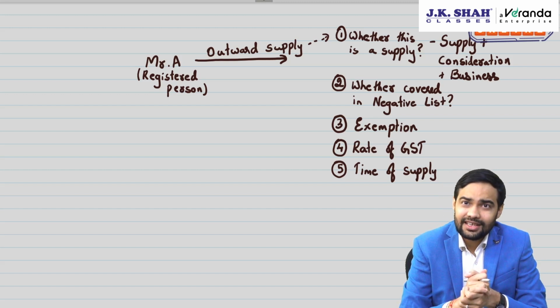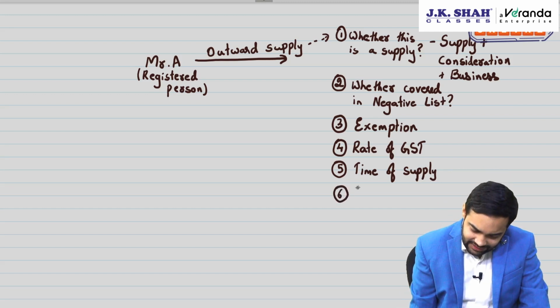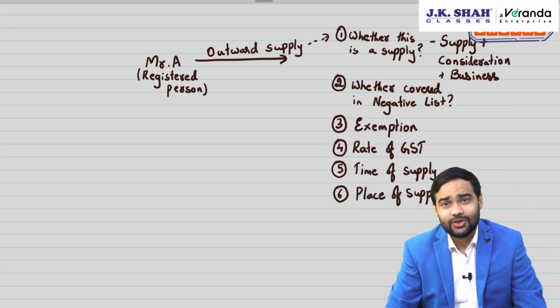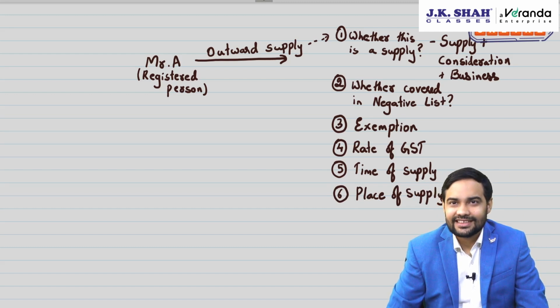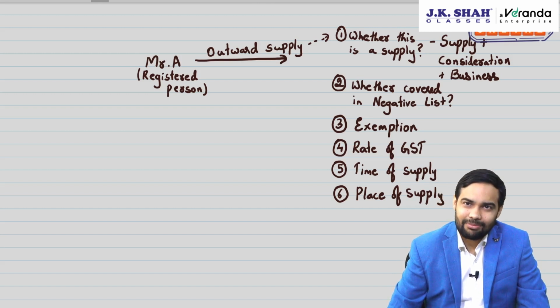Based on which date will he have to pay GST to the government? Then he has to decide the type of tax to be charged, whether it should be CGST plus SGST, CGST plus UTGST, or IGST. The clarity of that comes from a topic called place of supply.